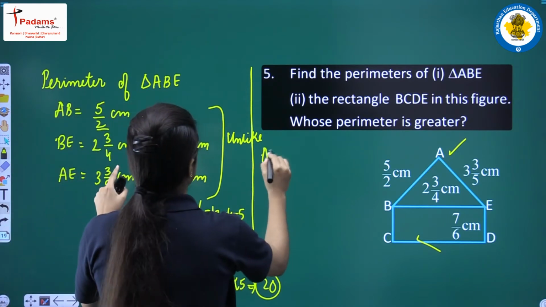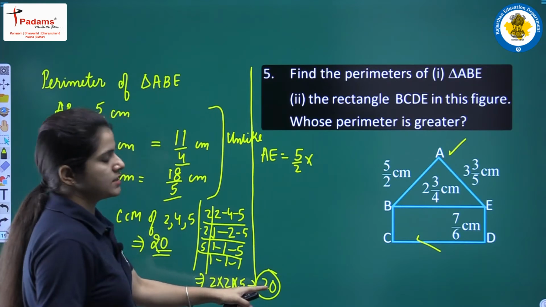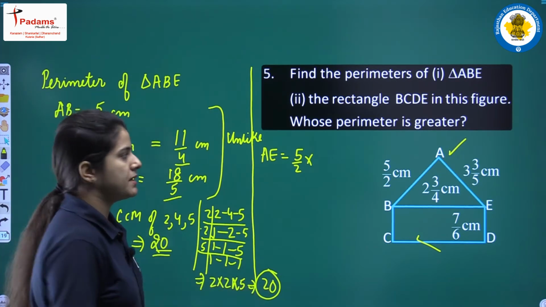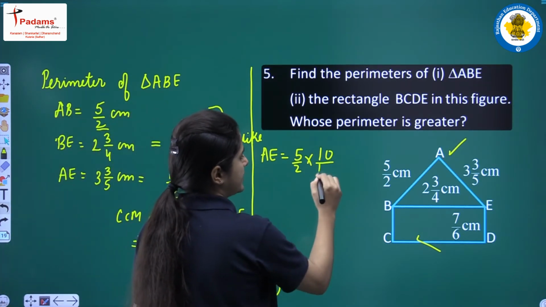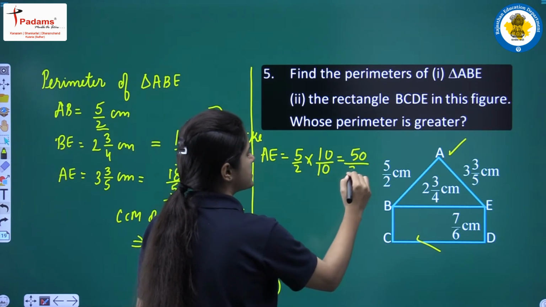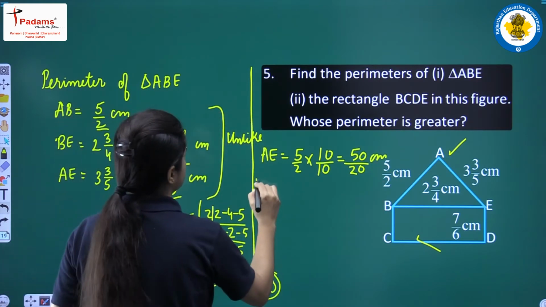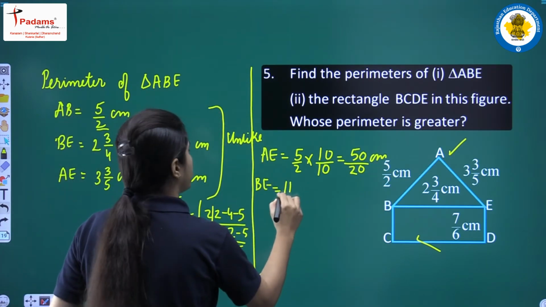So AB, 5 upon 2. Making the denominator equal to 20 means we have to multiply the numerator and denominator by 10. 5 into 10 is equal to 50, 2 into 10 is equal to 20 centimeters. Then BE, 11 upon 4.